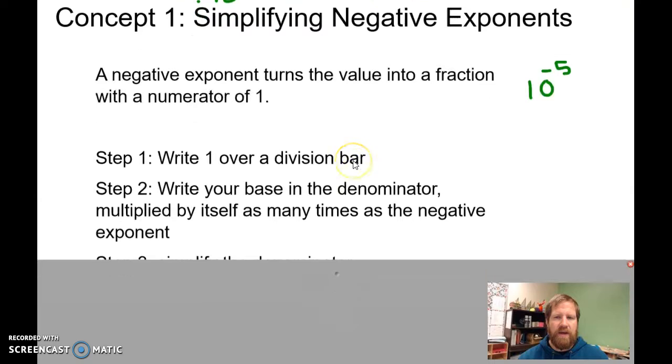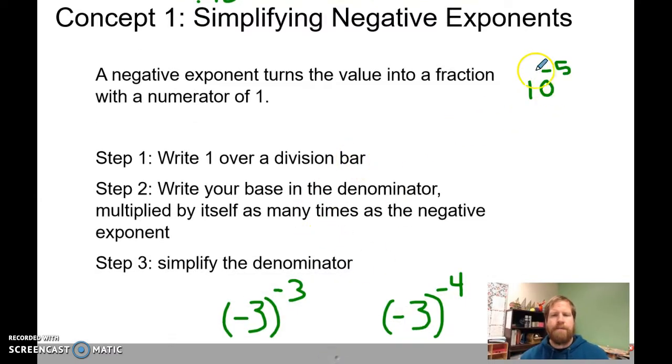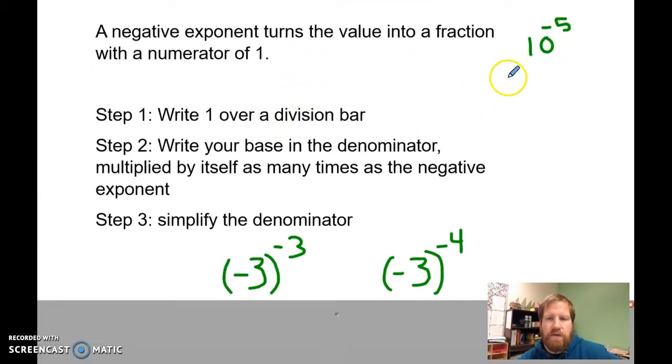So, simplifying negative exponents. This is probably the first time you've really seen a negative exponent, and it's really pretty simple. Like I was saying, it's the same value as that same base to the same power if it was positive, but now it's going to be under 1. It's going to be a fraction. Your first step is to write your division bar with your 1 in the numerator and your base in the denominator, and you're going to be multiplying that however many times you have that exponent.